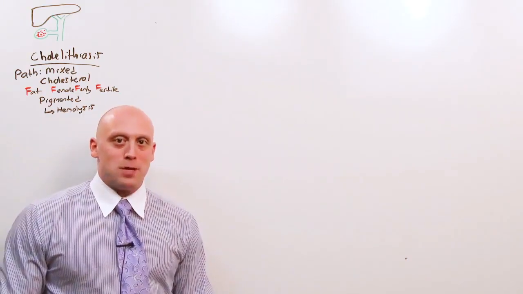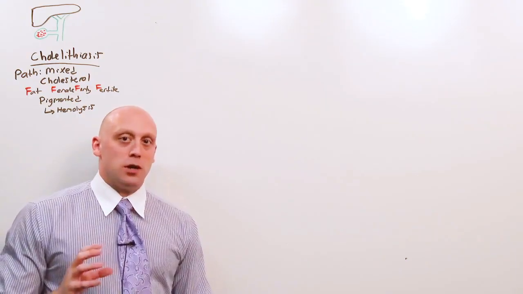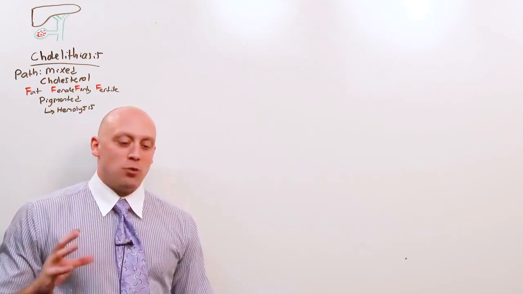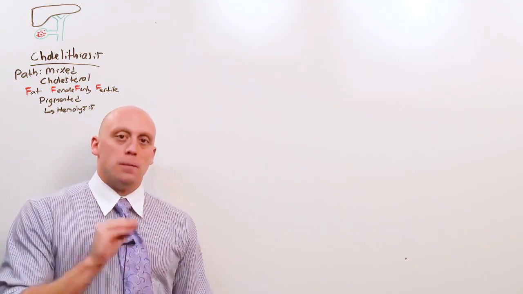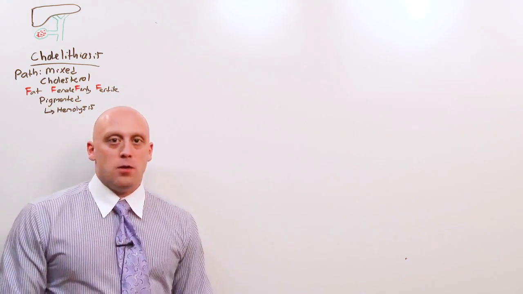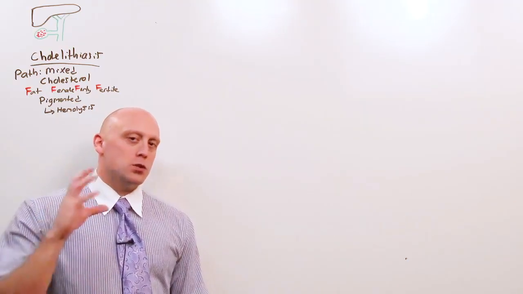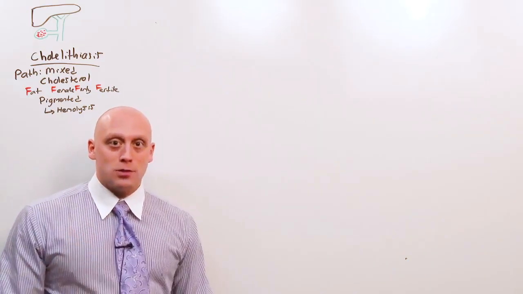Cholelithiasis matters because whenever you eat, bile acids are sitting in the gallbladder, ready to act. And when you eat food, the gallbladder contracts and pushes all of those bile acids into the duodenum. That helps you digest fats. The problem is, when you contract against a bunch of sharp rocks, all those gallstones, it hurts.